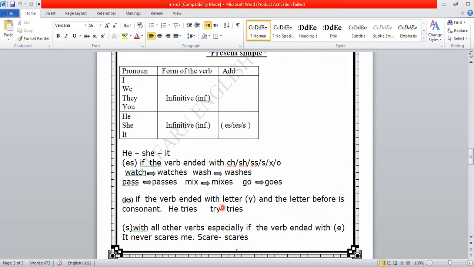Like the verb try, this is the infinitive form. It will change to tries with a singular noun. The sentence will be he tries. Okay.